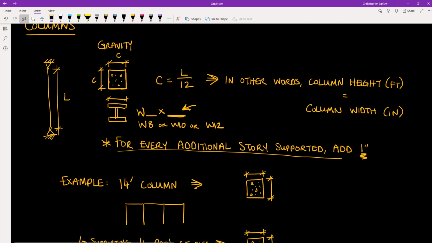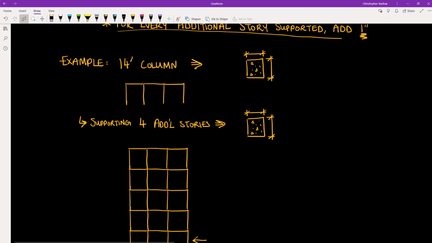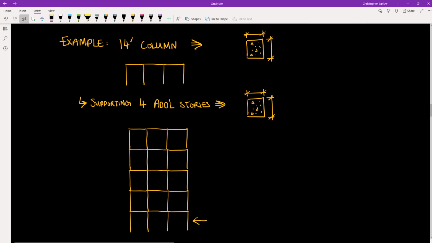So to look at an example, if we have a 14-foot column supporting 1 story, we're going to have a 14-inch by 14-inch column. Now, if we add 4 more additional stories, that's going to add 4 more inches to our section.